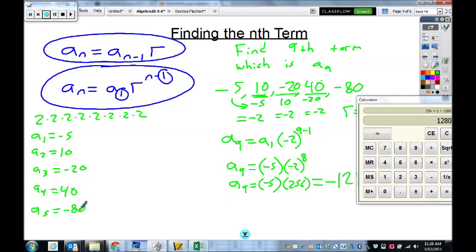Well, negative 80 times negative 2 is a sub 6, which would be 160. Multiply that times negative 2, all right, a sub 7.